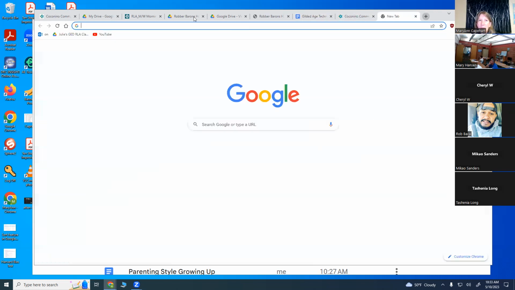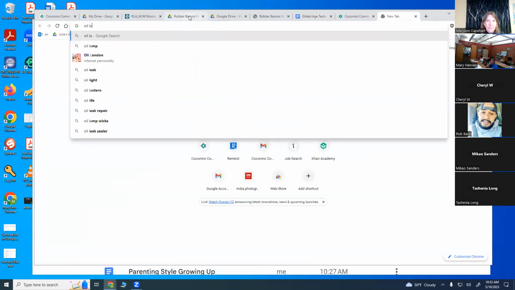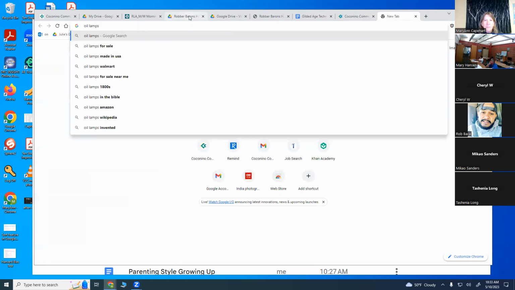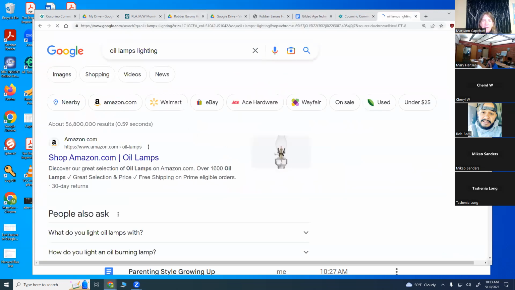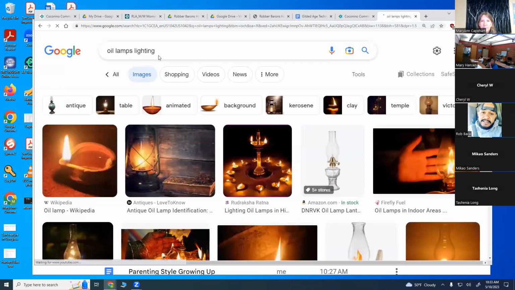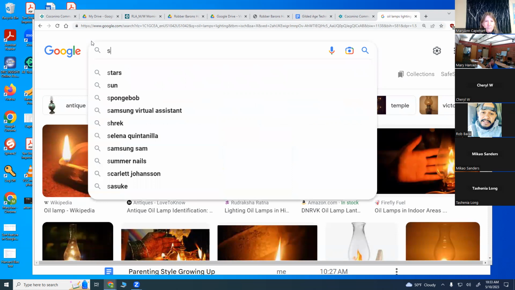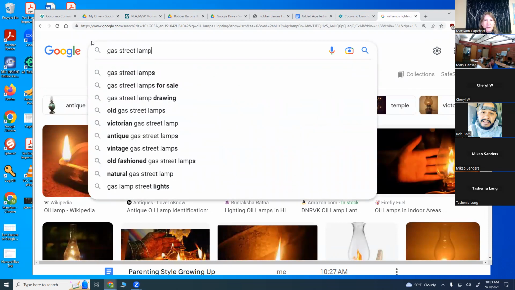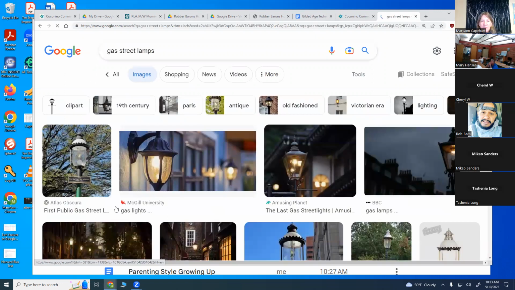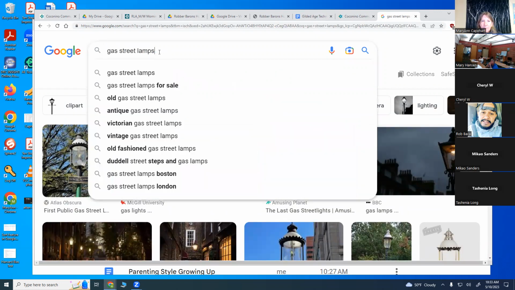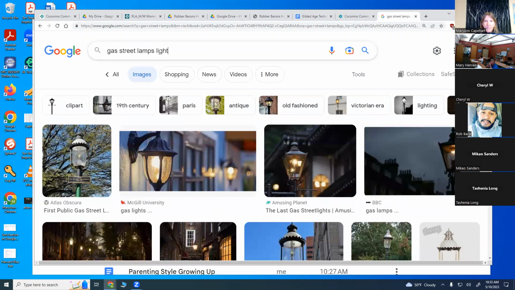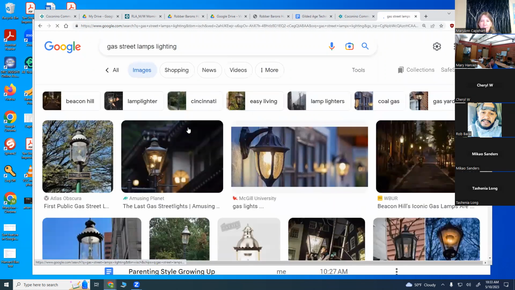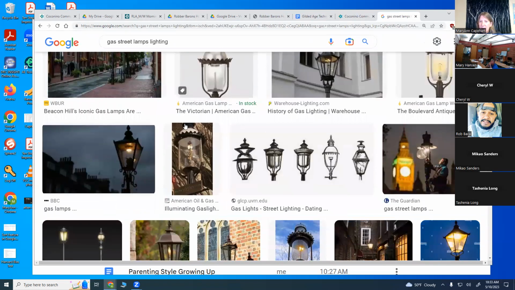Let's look real quick. Oh, this was later. Gas came in later, the street lights, before electricity. Where are those cute little guys that light them?